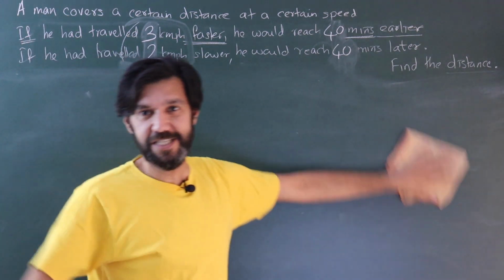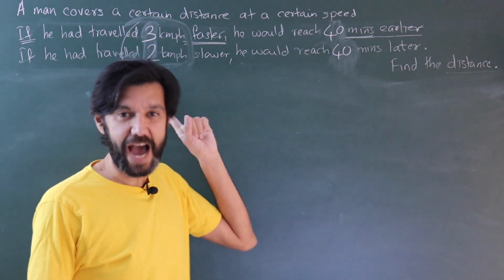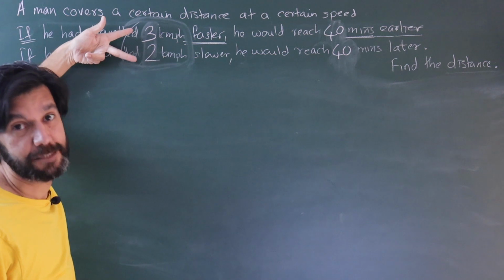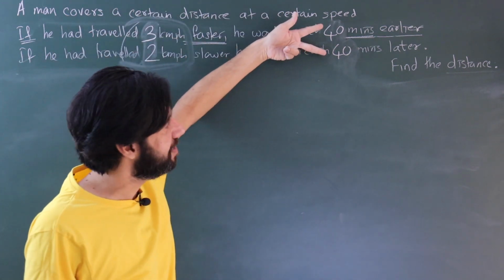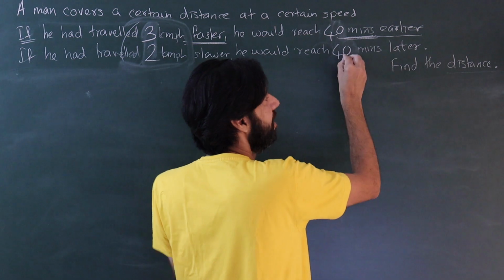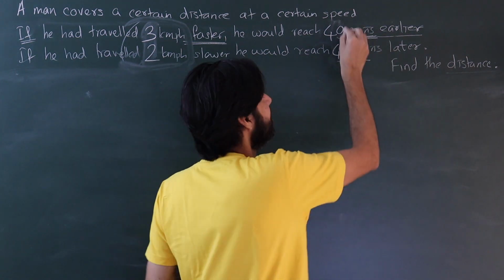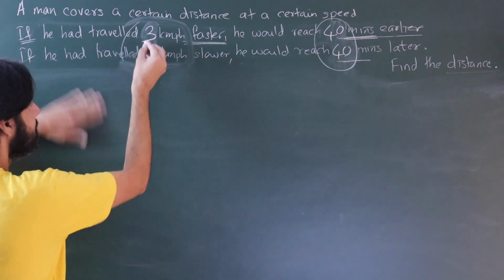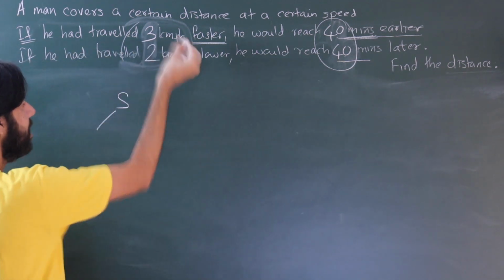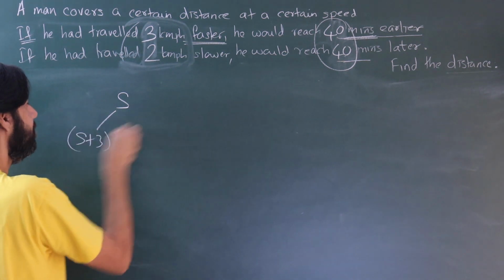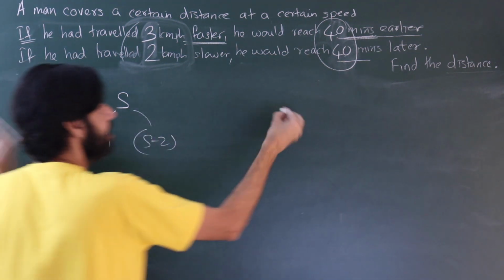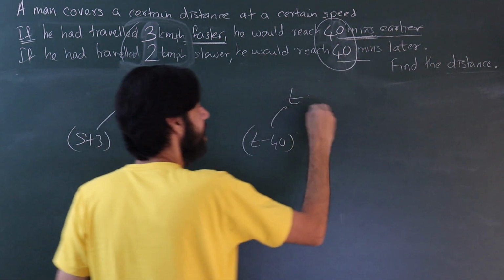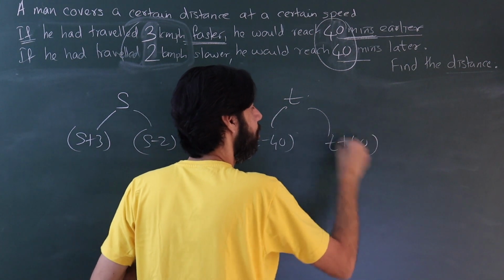You can try the original way, writing the equations and doing, but is there something specific? This time the increase and decrease is not the same in speed. But do you know that the increase and decrease is the same in the time? This is 40 minutes, this is 40 minutes. So the same fundas get used here. The original speed becomes s plus 3, and s minus 2. There is some original time; that time becomes t minus 40 in one case, and in the other case t plus 40.